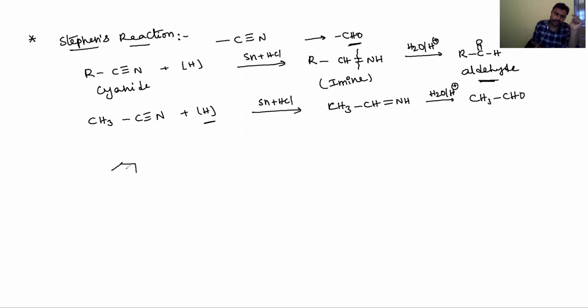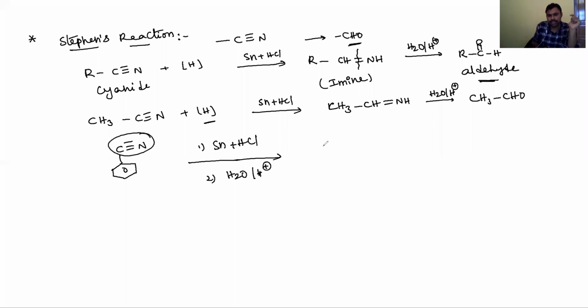For example, phenyl cyanide, an aromatic cyanide, on reduction in the presence of Sn/HCl followed by hydrolysis in acidic medium, has its CN group converted into CHO. It converts into an aldehyde. Benzaldehyde is the product.